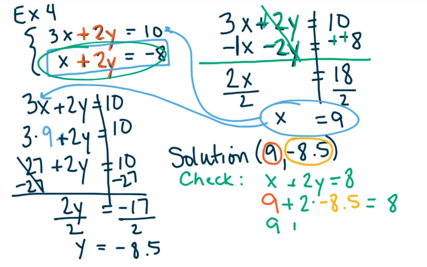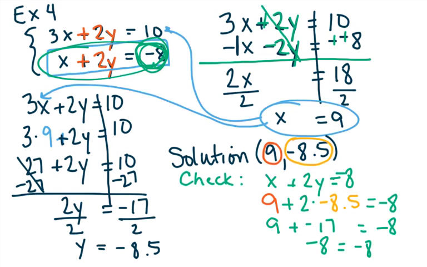We get 9 plus, and then 2 times negative 8.5 is negative 17. And we want to make sure that that equals a negative 8. I just realized I left off this negative here. So that's a negative, and that's a negative. So that's a negative 8. 9 plus negative 17 is negative 8.